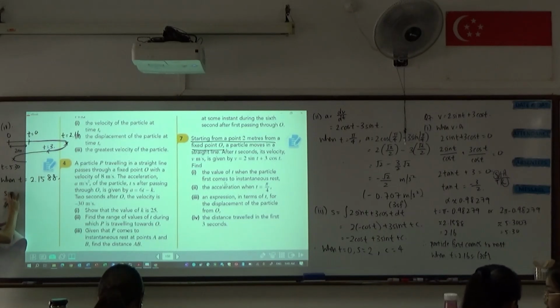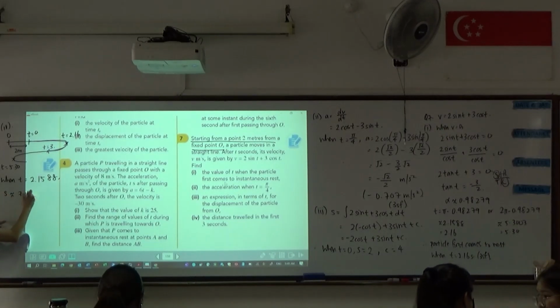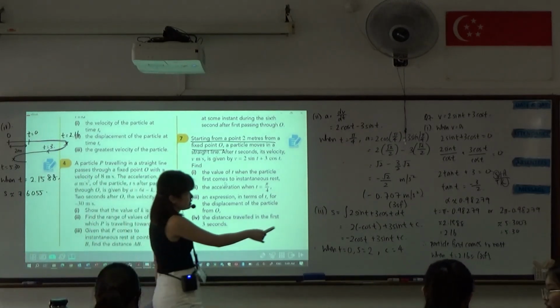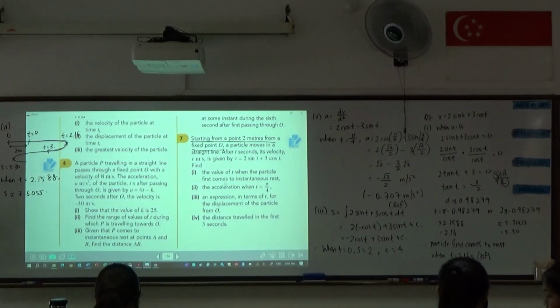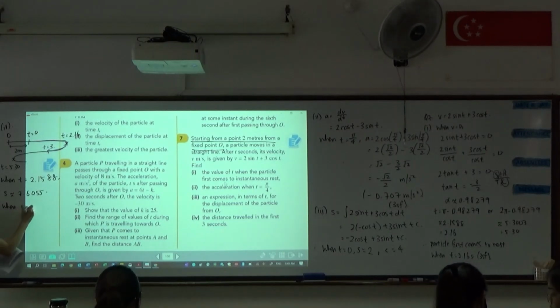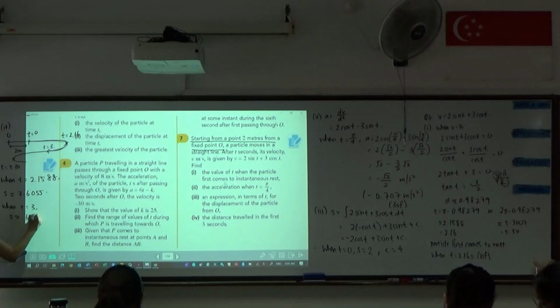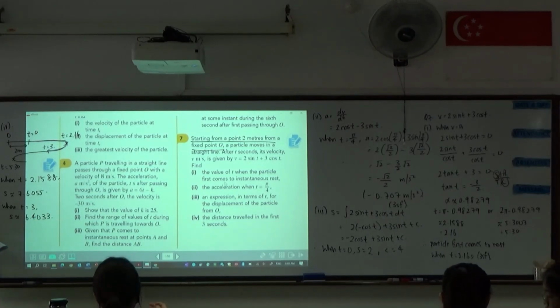That will give us about 7.6055, by substituting into the displacement expression that we found in part 3. And then when t equals to 3, finding the displacement, that will be 6.4033.